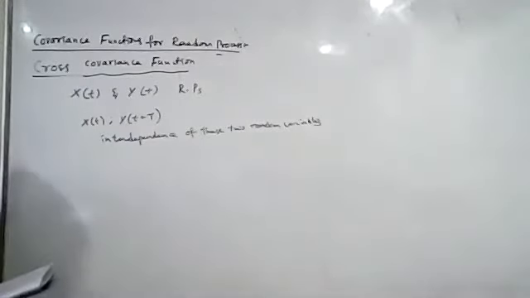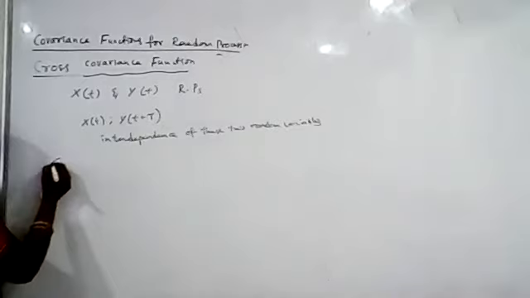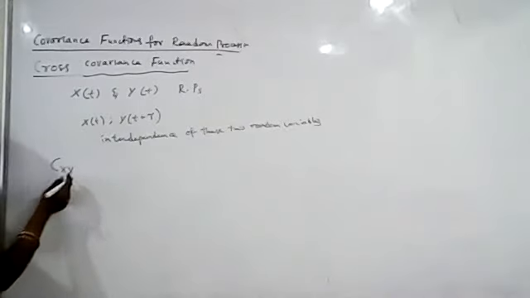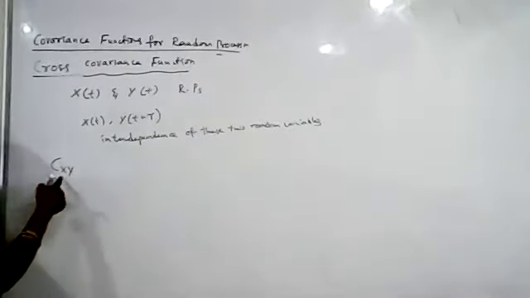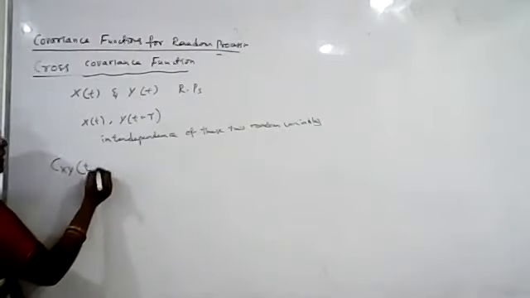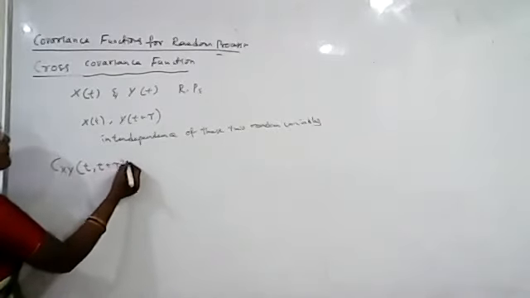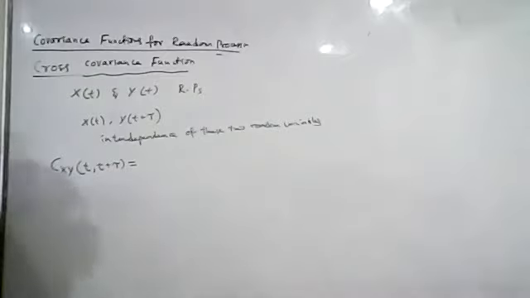Okay, so what is the formula? Here we have Cxy of t comma t plus tau. The formula will be the same as the autocovariance.